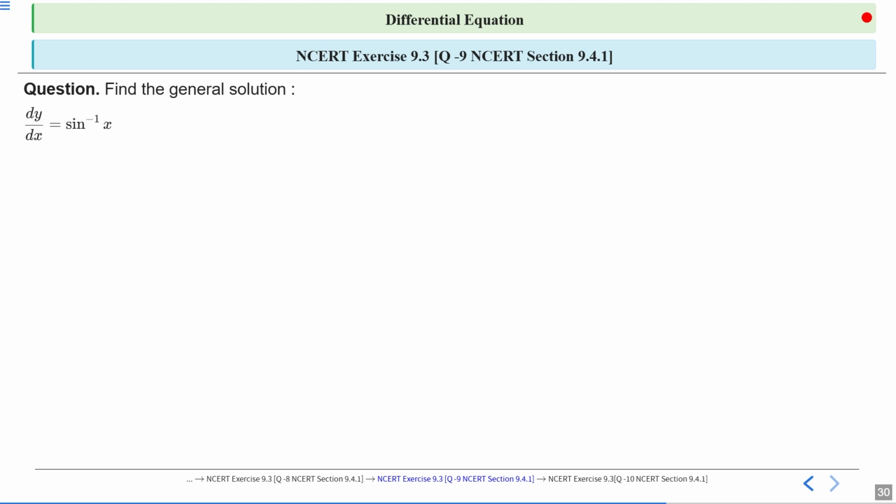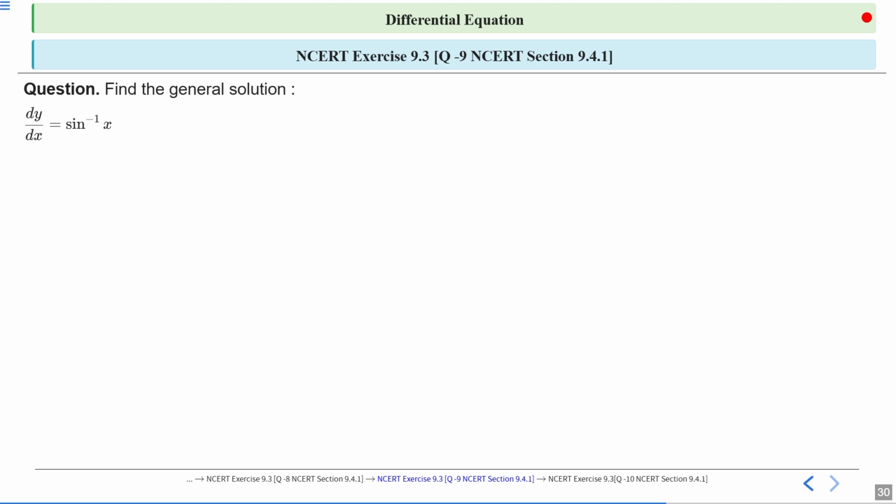As the highest order derivative present is dy by dx, the order is 1. To find the degree, as the given differential equation is polynomial with respect to the derivative, and the highest power of the highest order derivative term is 1, the degree is also 1. So the given differential equation is of the type first order and first degree.